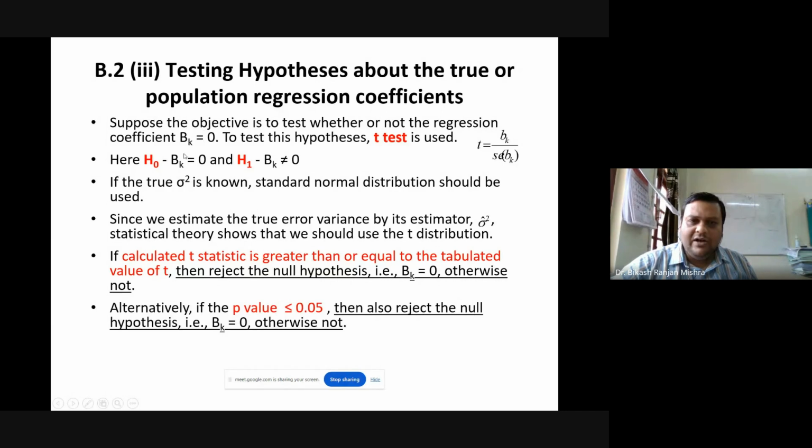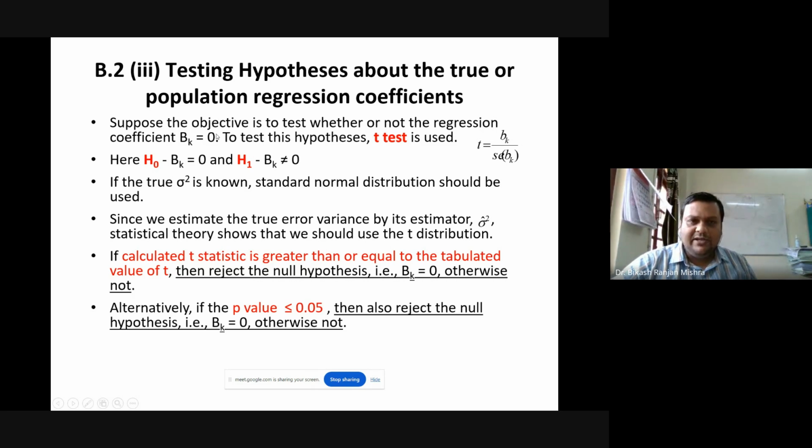Suppose I want to know whether xk, the kth independent variable, is affecting my dependent variable or not. Then my hypothesis will be whether bk, the coefficient of xk, is 0 or not 0.